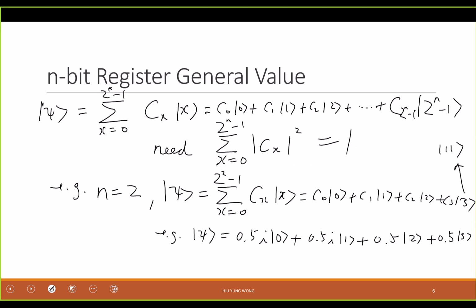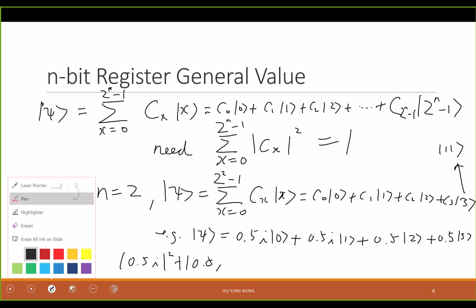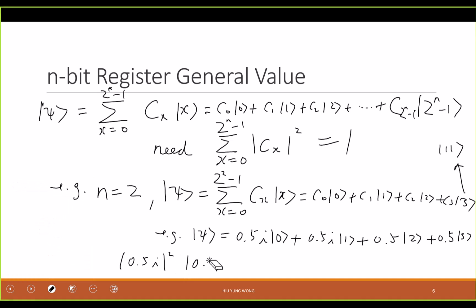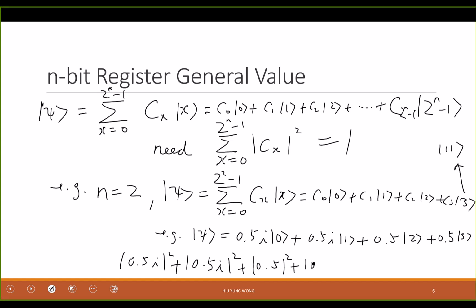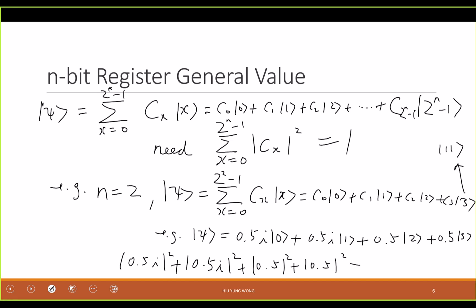We do have 0.5 squared plus 0.5 squared plus 0.5 squared plus 0.5 squared equals 1. It is normalized. Okay? Any questions?